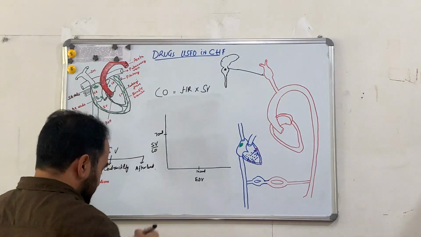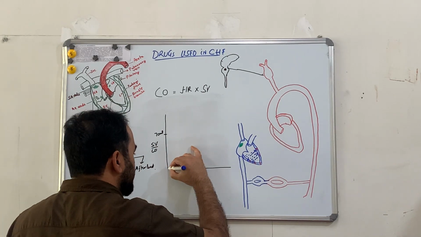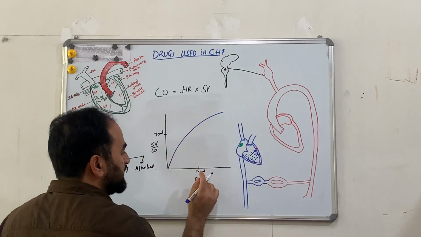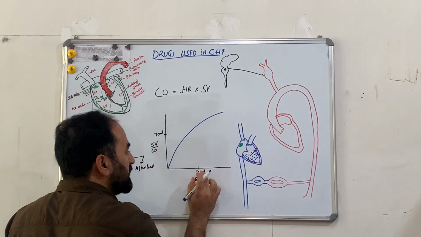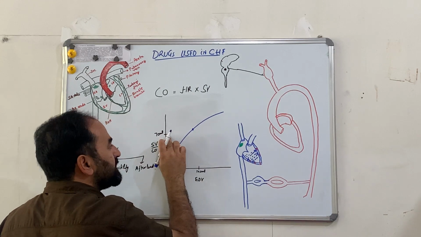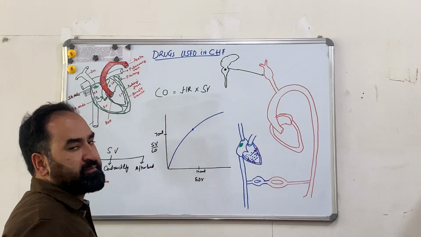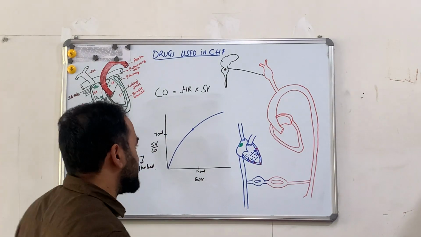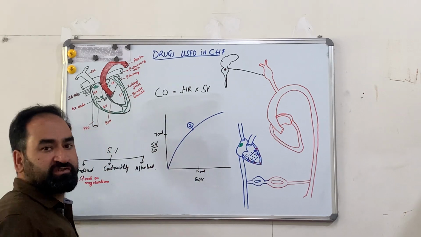Your normal heart curve is like this. That means at a given stretch, at a given end diastolic volume, it produces a contraction that leads to the ejection of 70 ml of blood, 50% of the blood, into your circulation. That means your normal heart works at this position.